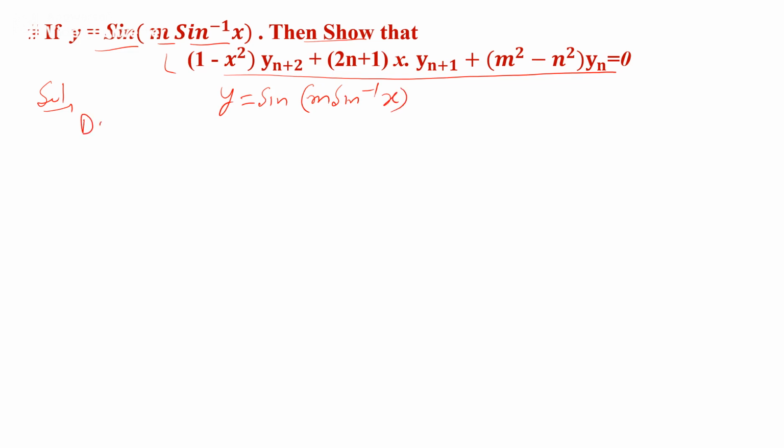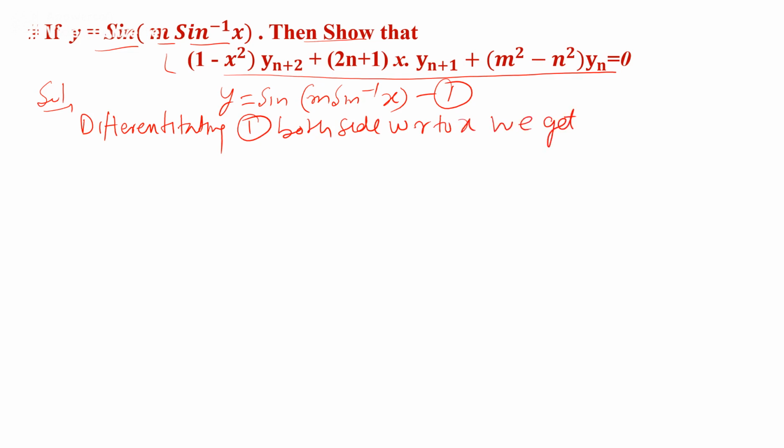So first, differentiating, suppose this is equation 1. Differentiating equation 1 both sides with respect to x, we get y1, that is the derivative of y, and the differentiation of that term is what?